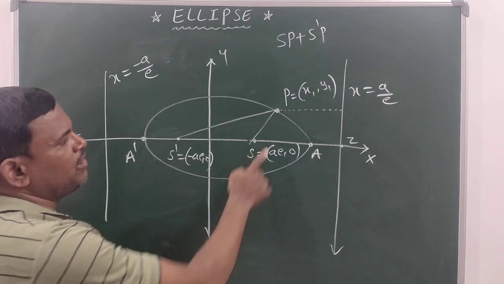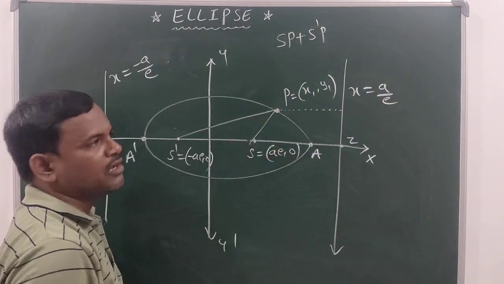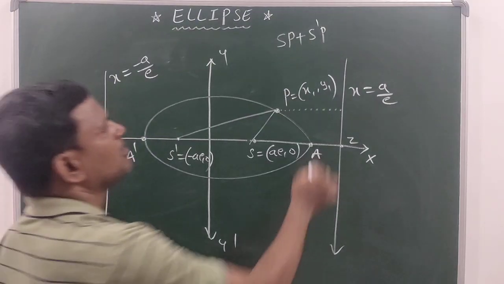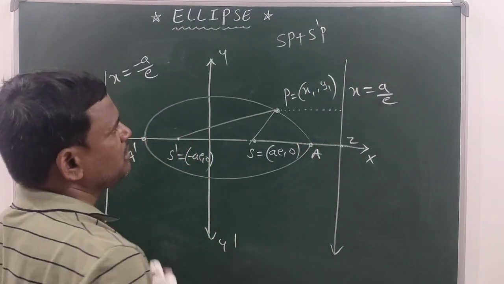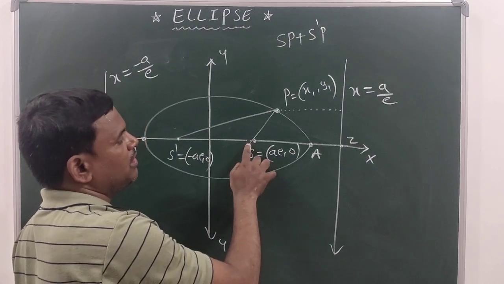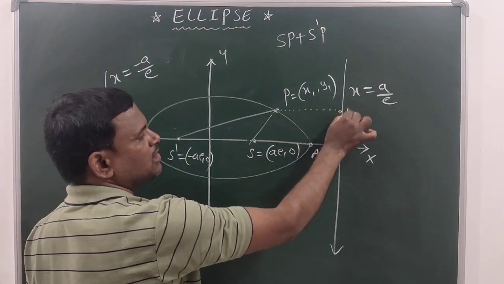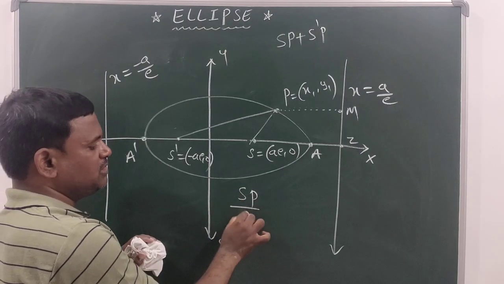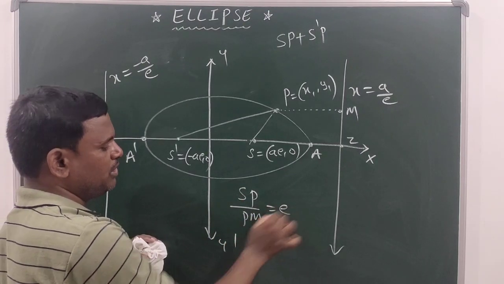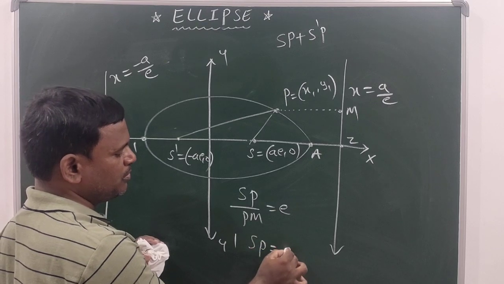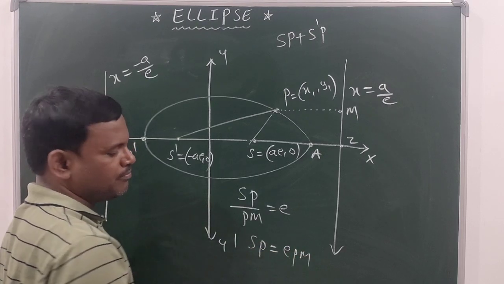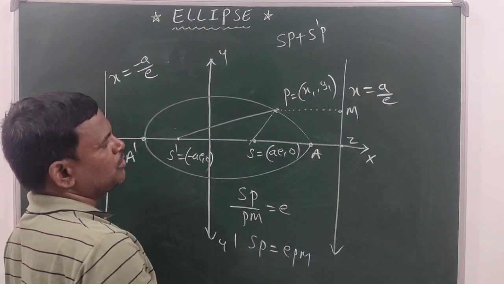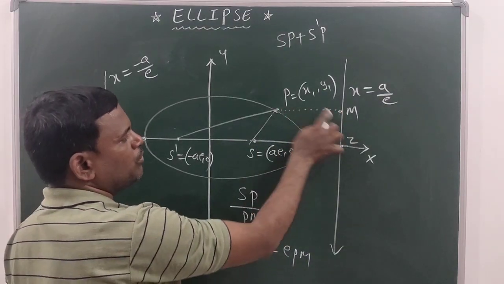If you want SP, you know SP by PM is equal to E, where M is the foot on the directrix. Now SP is equal to E of PM. So now PM length, how do you measure?